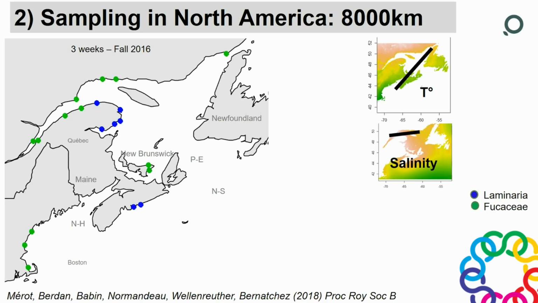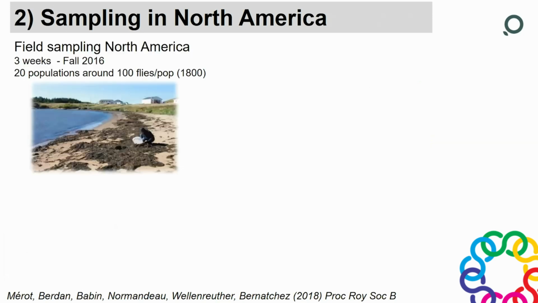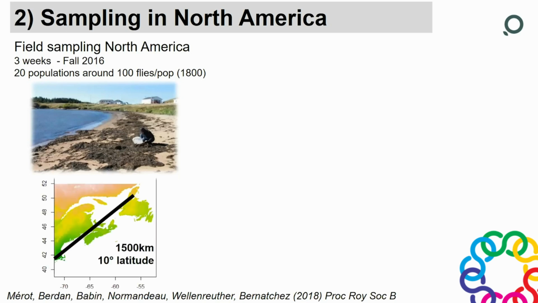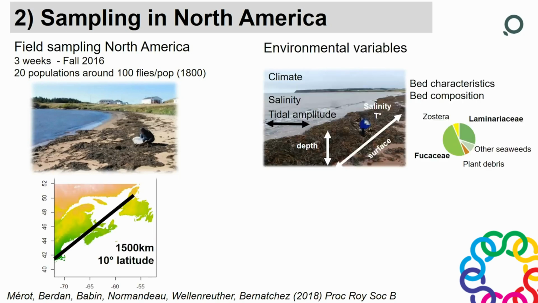You can see here, she sampled a massive environmental gradient. We did 20 populations along this gradient, and in each population, we collected 100 flies. You can see the massive latitudinal gradient. They're called seaweed flies because they live in decomposing seaweed.